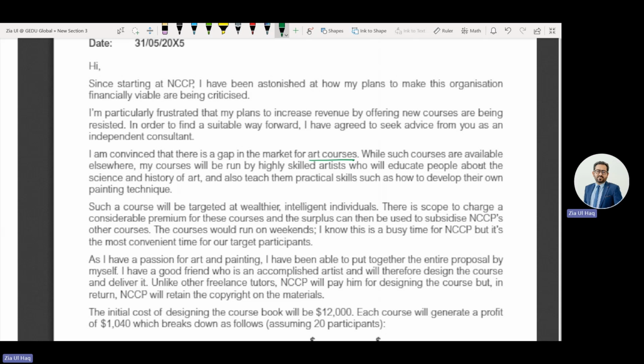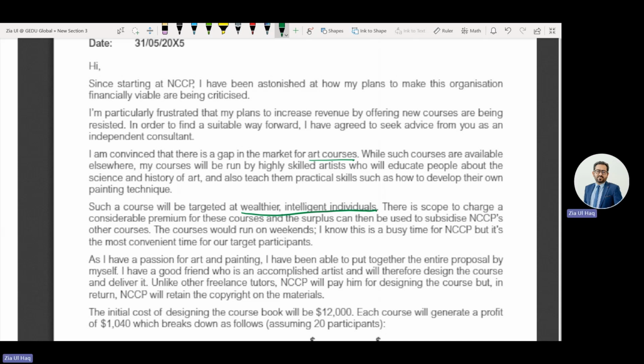While such courses are available elsewhere, my courses will be run by highly skilled artists who will educate people about the science and history of art and also teach them practical skills such as how to develop their own painting techniques. Such a course will be targeted at wealthier, intelligent individuals.